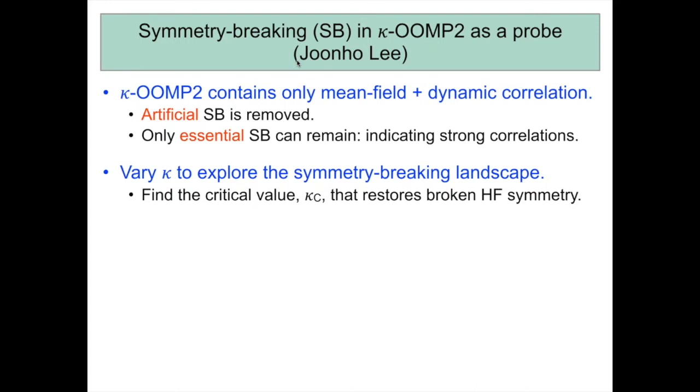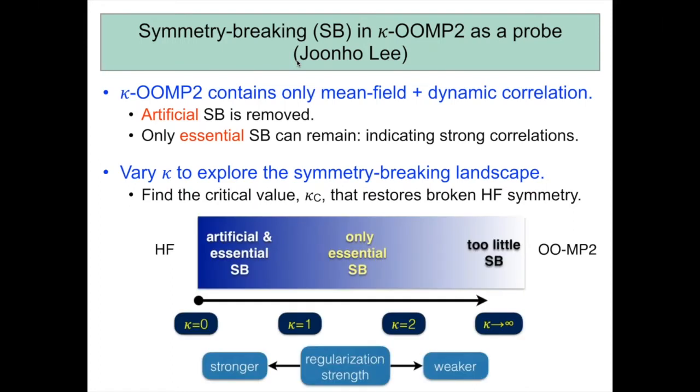And the landscape would take us all the way from Hartree-Fock on the left, kappa equals 0, through to MP2, kappa goes to infinity, and we can find the critical value that restores broken Hartree-Fock symmetries. And the picture is something like the following, that we scan regularization strength from left to right.